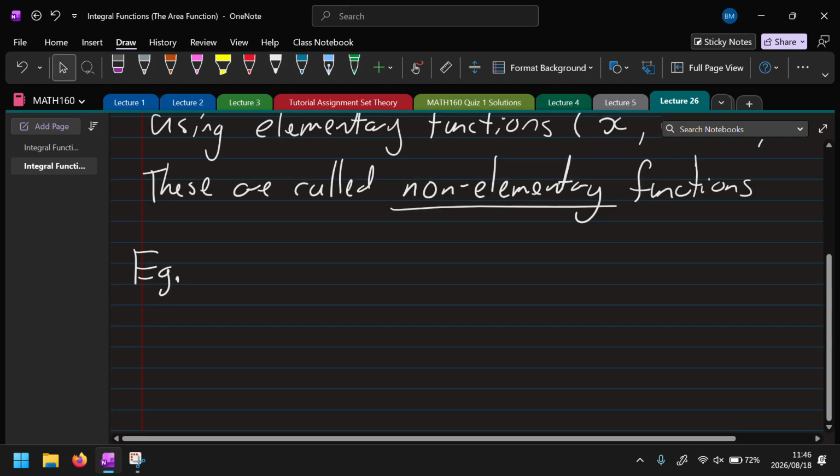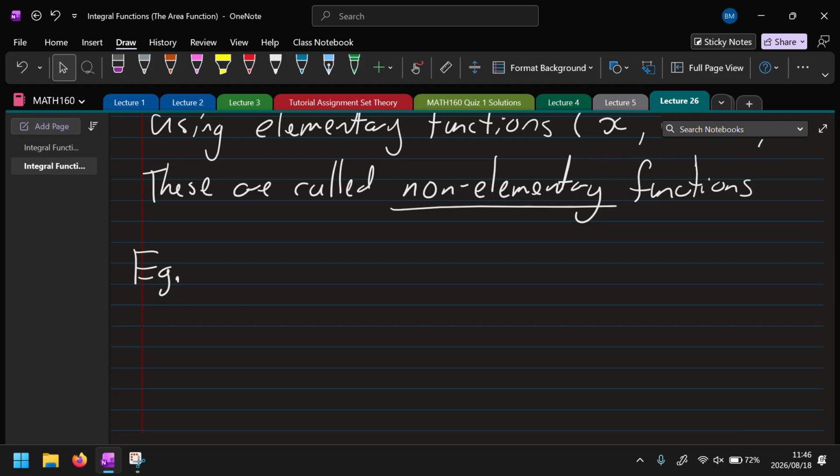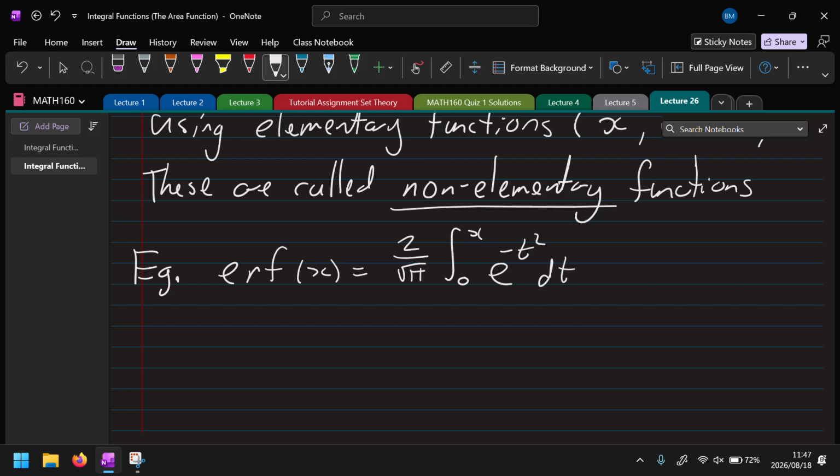We write it ERF of x is equal to 2 over root pi, the definite integral from 0 to x of e to the minus t squared dt. So that's called the error function.